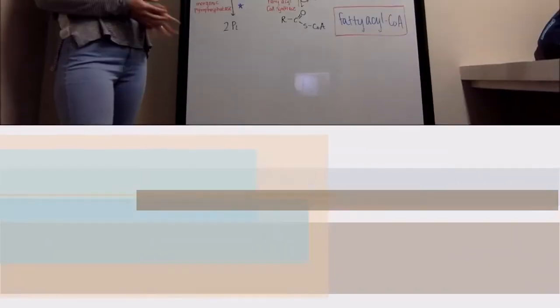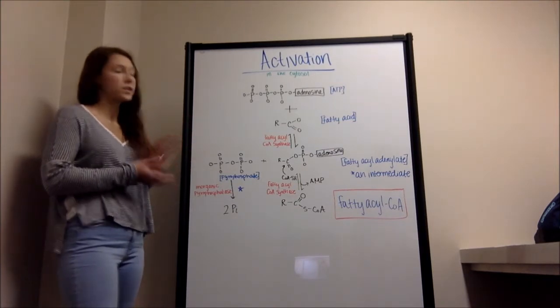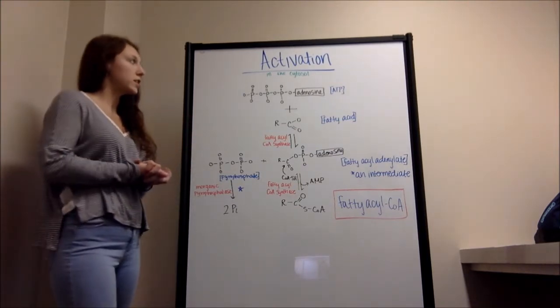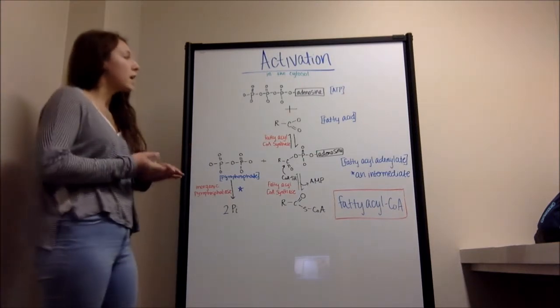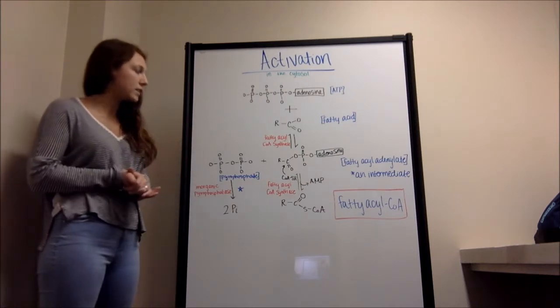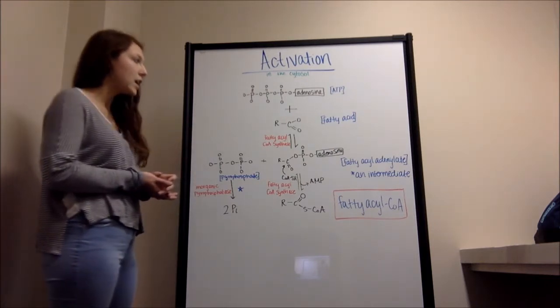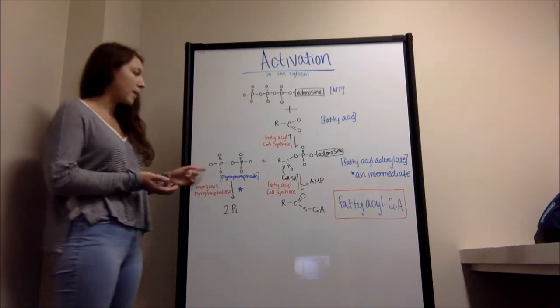For the activation step, this all takes place in the cytosol because in order to get into the mitochondria, the fatty acid has to be converted into an acylcarnitine. In this first step, ATP and the fatty acid react with fatty acyl-CoA synthase to produce fatty acyladenylate, which is the main intermediate, and a pyrophosphate.